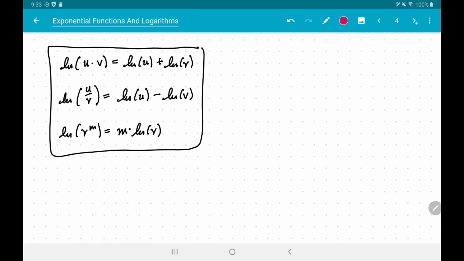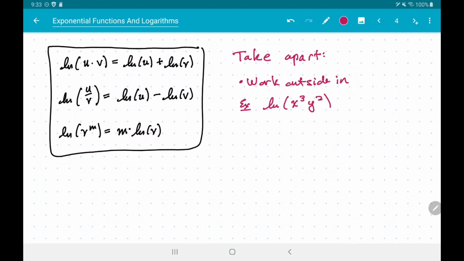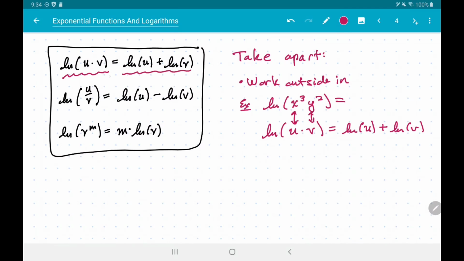So to sort of simplify this, for taking apart, you work outside in, and as an example, you match something like this against the left-hand side, and then rewrite the original formula using the right-hand side.